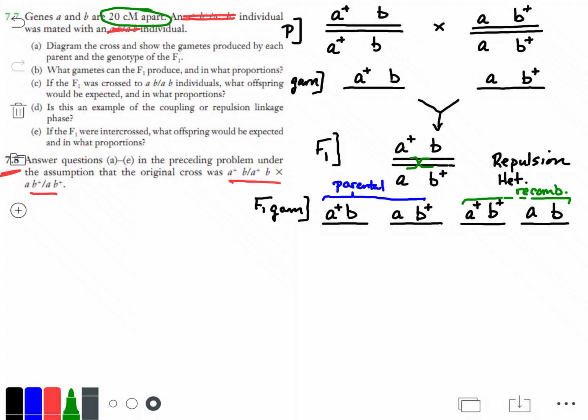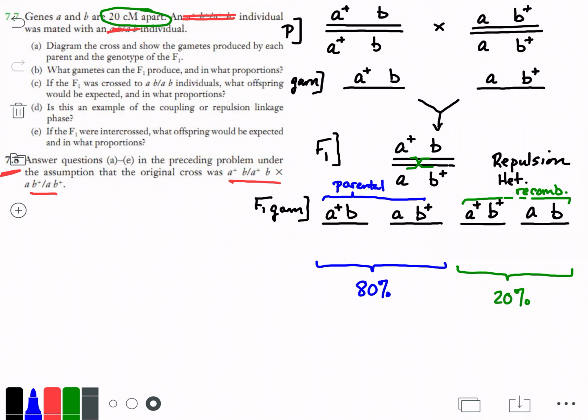Remember that a centimorgan distance, in this case 20 centimorgans, means that the recombination frequency is that number as a percentage. That means that our recombination frequency here is 20%, which must mean that our frequency of parental chromosomes is 80%.